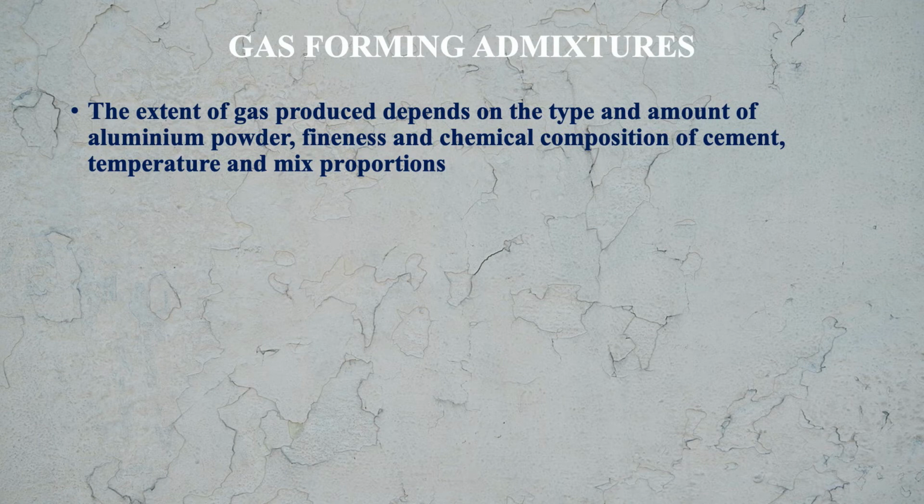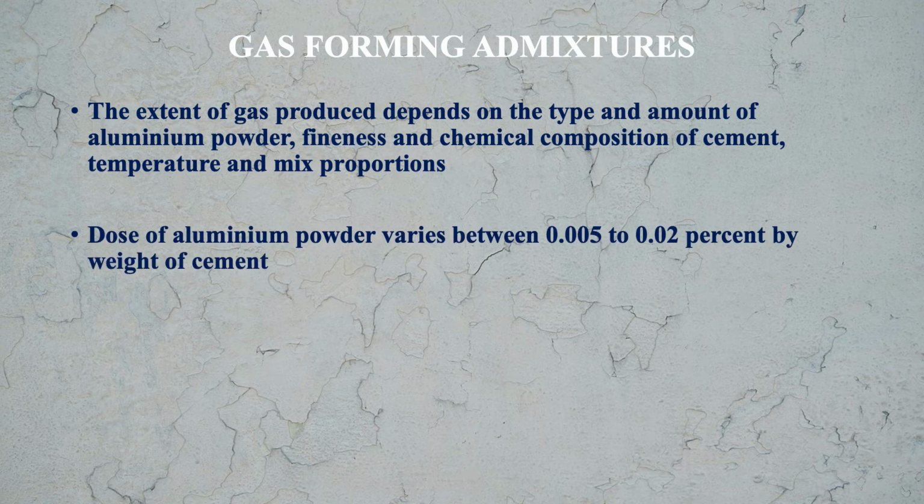Number 4, temperature. And also it depends on mix proportion. The dose of aluminium powder varies between 0.005 to 0.02% by weight of cement. So these are the doses of aluminium powder which we can use.